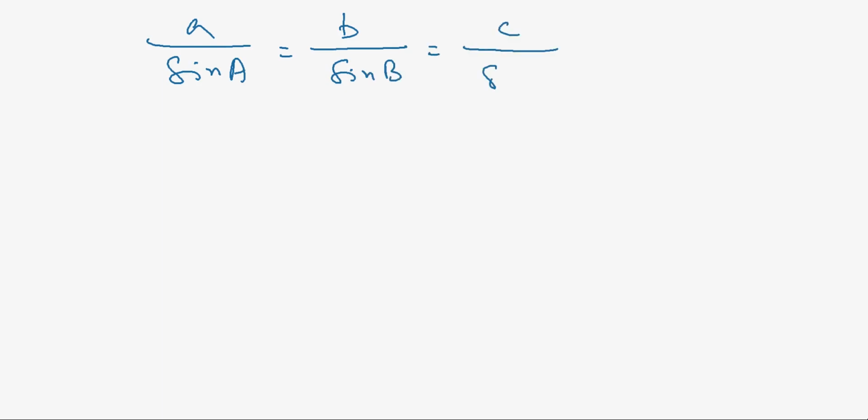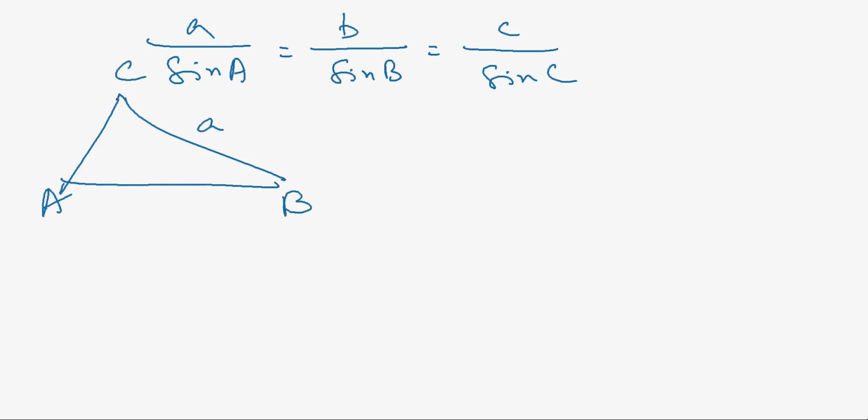Now if you go for the sine rule, it will look like a over sin A equals b over sin B equals c over sin C. So here the statement is, again the same non-right angle triangle, say A, B, C, with sides a, c, b.